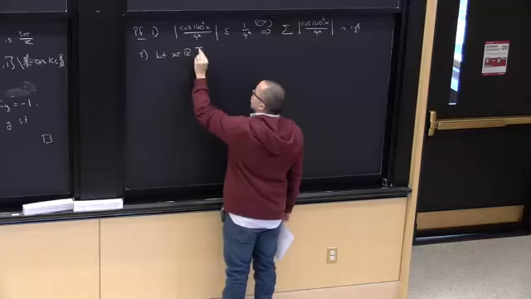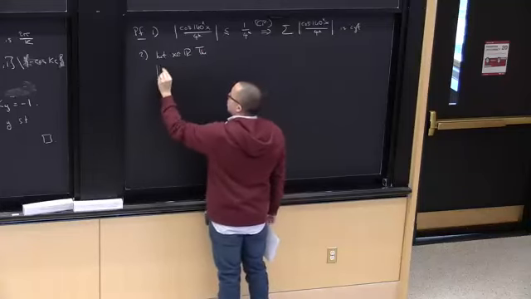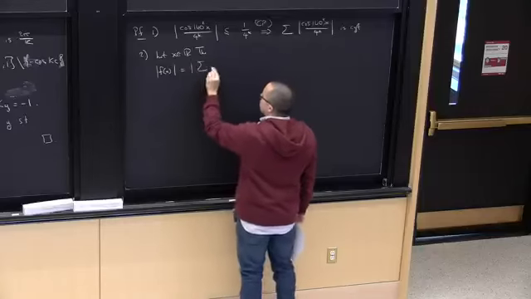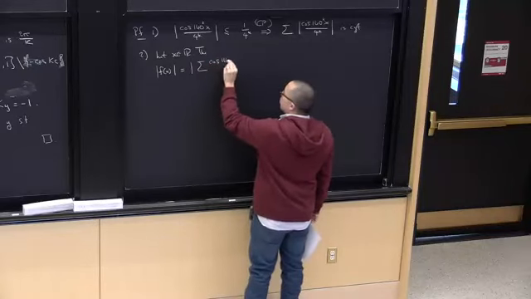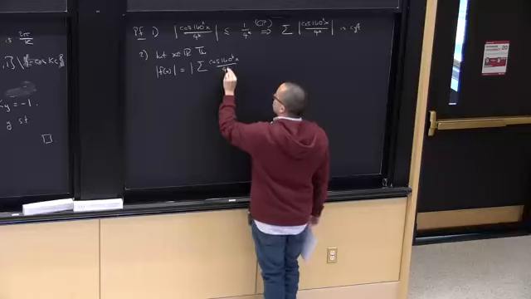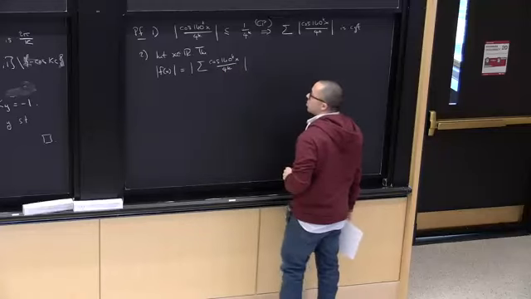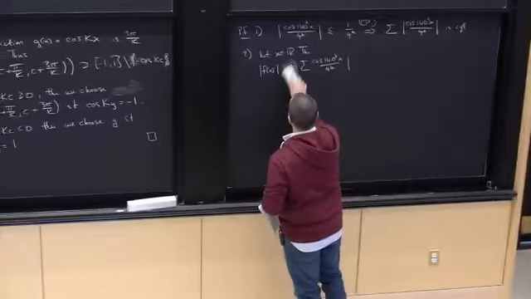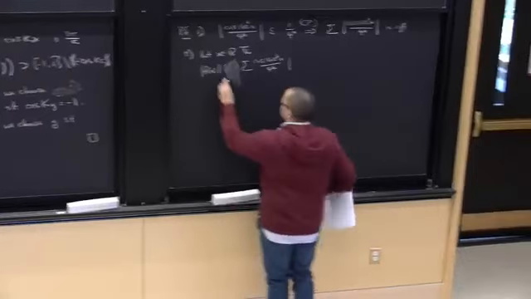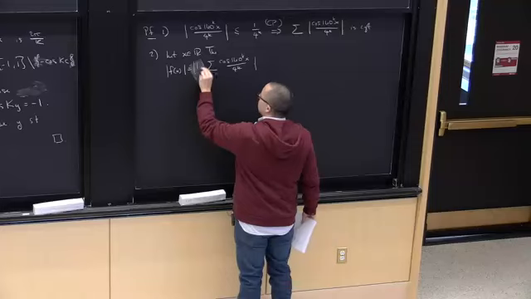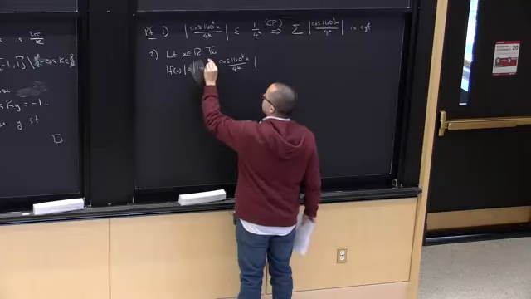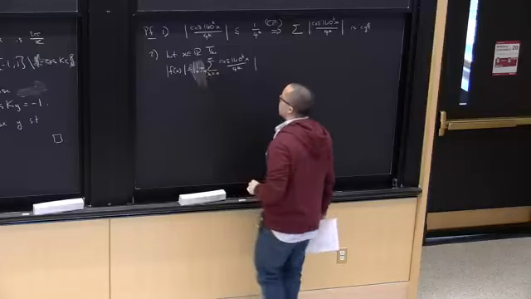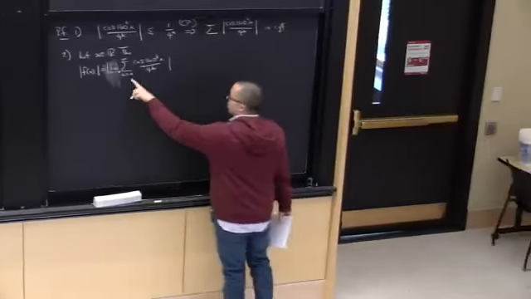Let x be in R. Then f of x is equal to the limit as m goes to infinity of this sum.